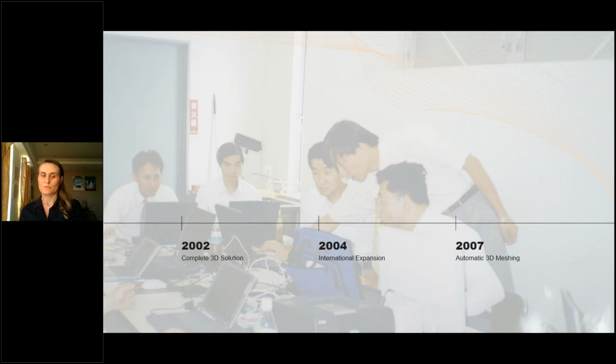And this technology was first developed in early 2000s. And later on, in 2007, we actually launched a product which is called EDesign, and EDesign is a fully automatic 3D mesh. So if you ever try to mesh a part manually, you will know that it will take hours, days, or even weeks. But with Moldex3D, you can do the meshing within minutes.